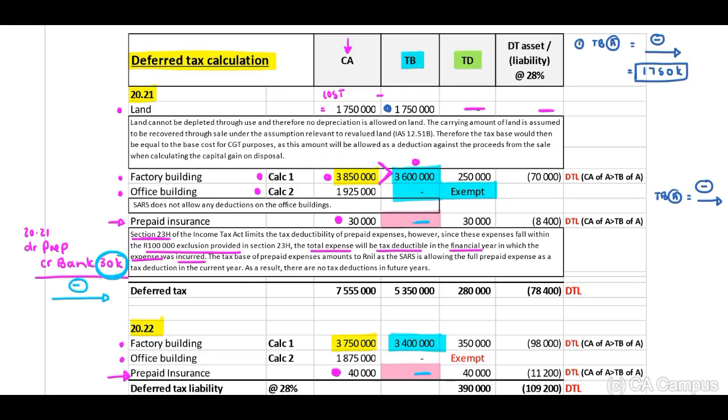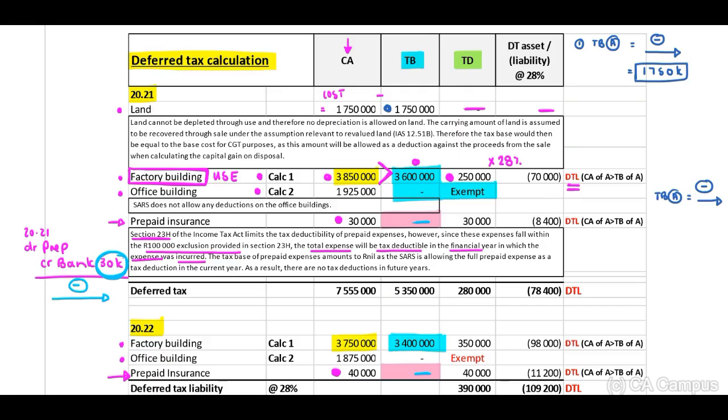Therefore, we have a temporary difference of 250,000 times this by our 28%, our manner of recovery in terms of our building. What are we going to do with this building? What is the purpose of the building? We're going to use the building to generate an income. Therefore, our carrying amount of the asset is greater than the tax base, and this will be a deferred tax liability.